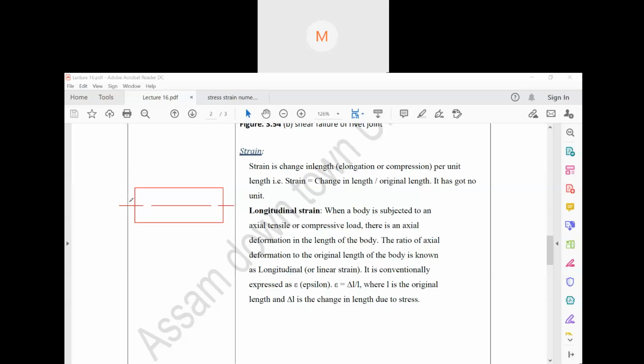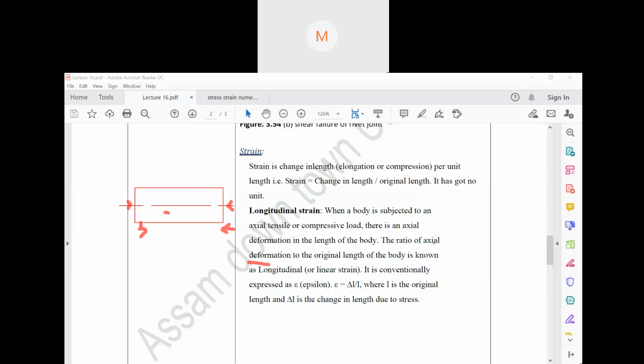Be it compressive or be it tensile, what will happen? This will get compressed in this direction only, no? So it will be compressing in one direction, that means along this axis only, right? So therefore, it is known as what?